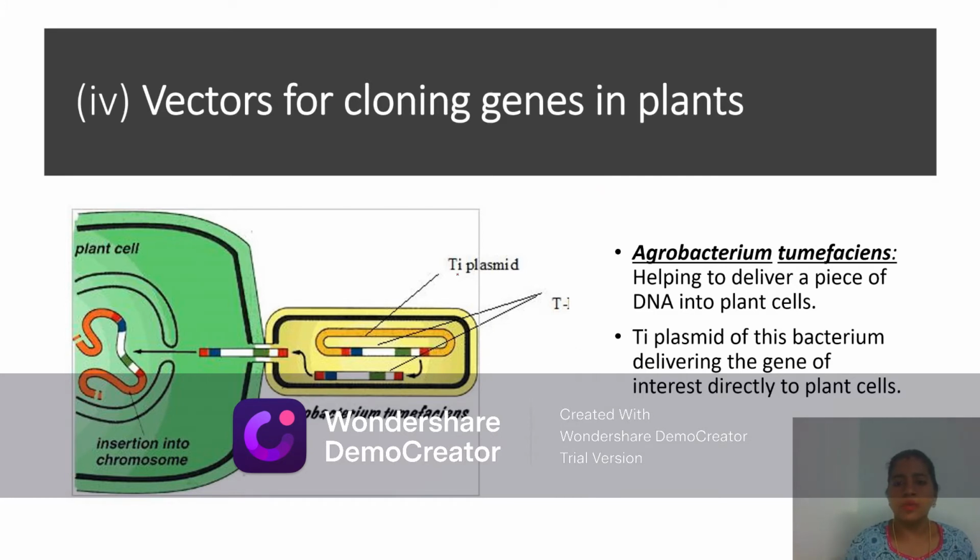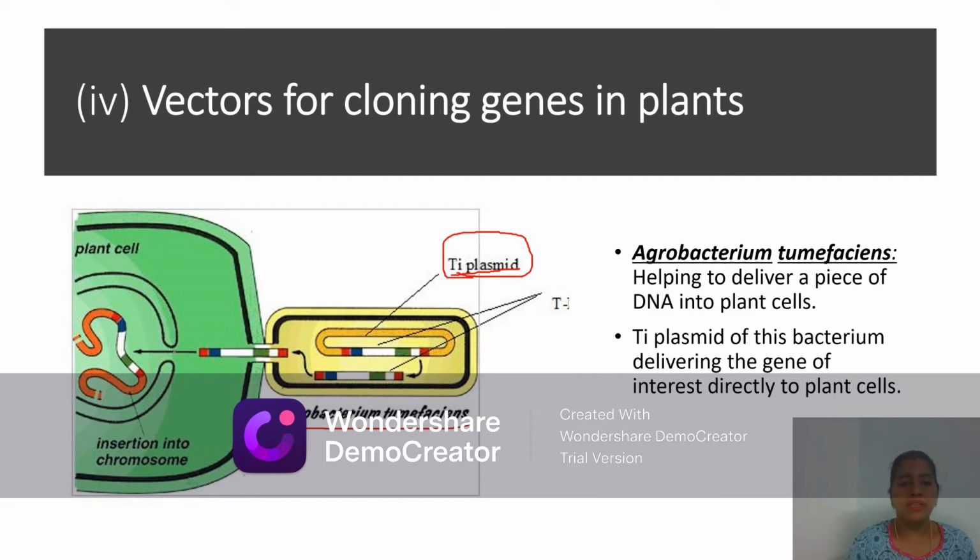The exclusive one is the Ti plasmid. Do you know who is carrying the Ti plasmid? Agrobacterium tumefaciens, which is a soil bacterium. This soil bacterium carries the Ti plasmid and can do the shuttle process.